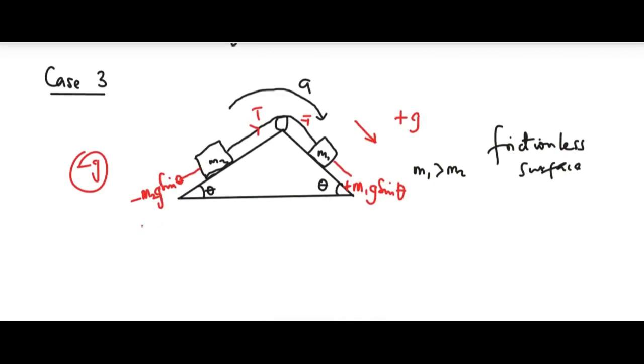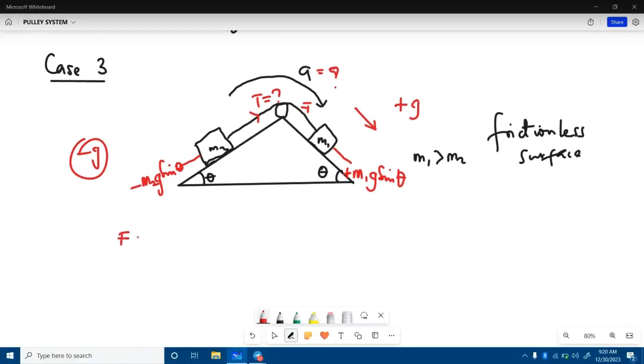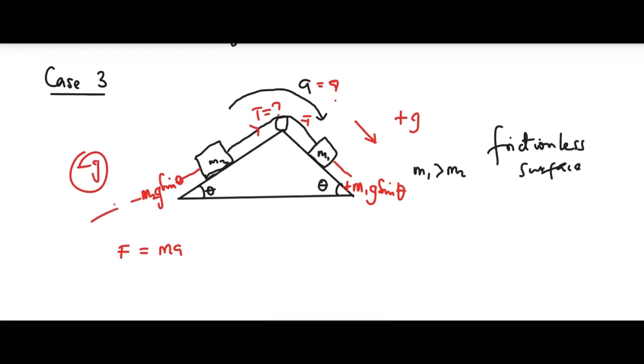So how am I going to solve the question if I'm asked to find the tension or probably I'm asked to find the acceleration, right? I have my F equals ma. So this is still my net force. For this case here, I have T minus m2g sine theta, which is equal to ma. So this is my equation one.